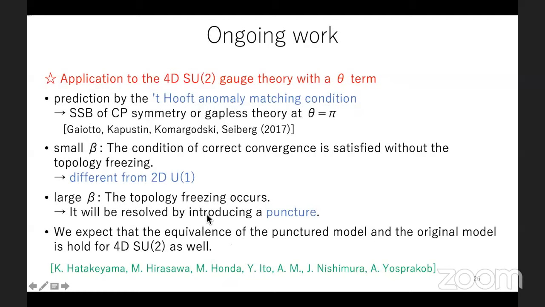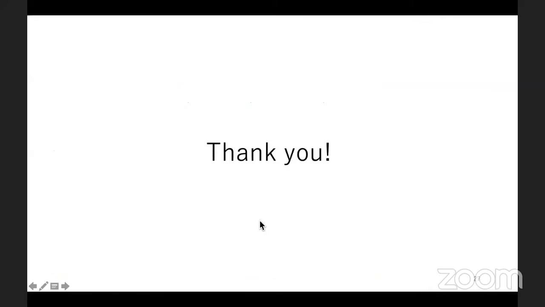So even for a fine lattice, we can get some information about the phase transition at theta equal pi. So this work is now a very big collaboration of 7 people. Thank you for listening.